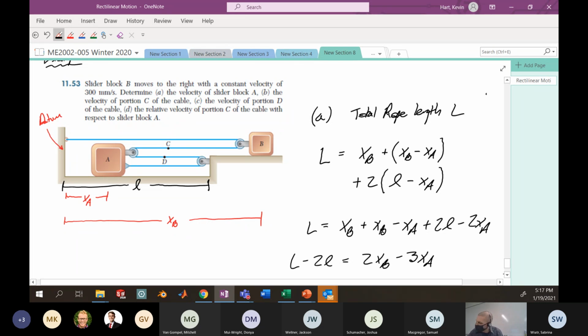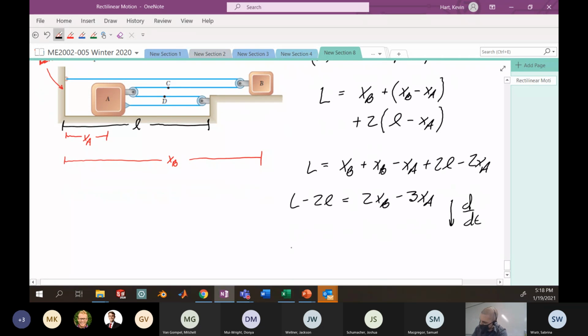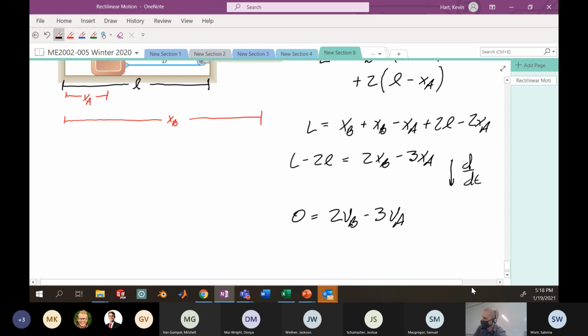Now I'm ready to actually take my derivative and get my velocity relationship. And at this point, pretty easy to see. Here, this is my general velocity relationship between block B and block A, given this problem.